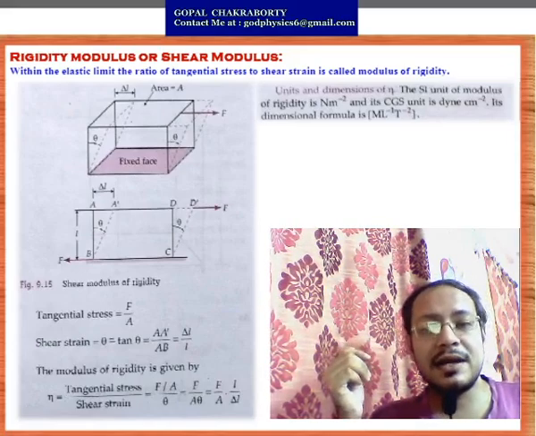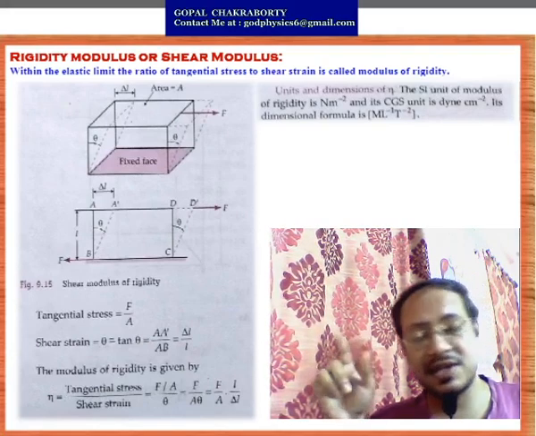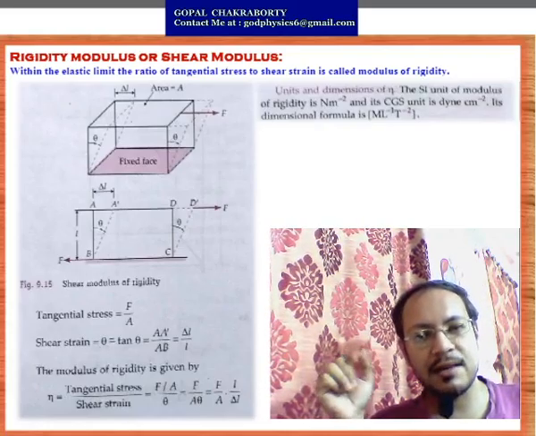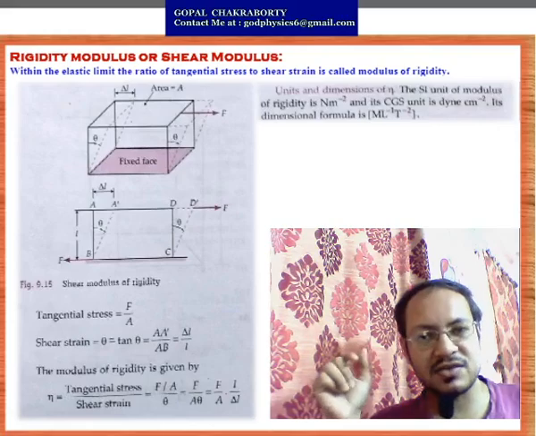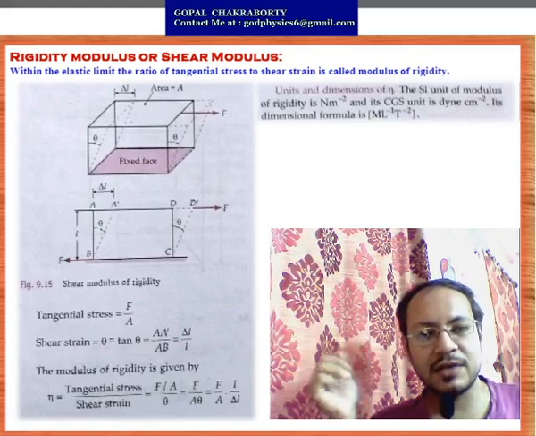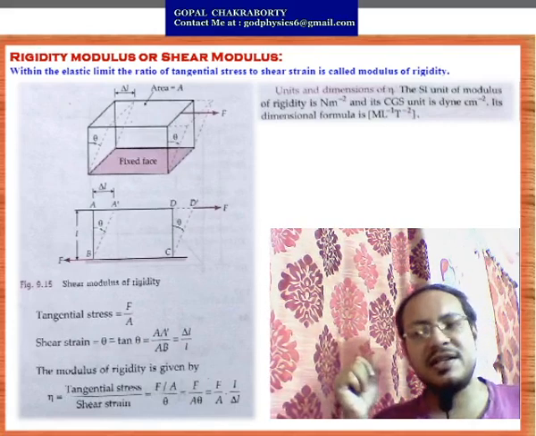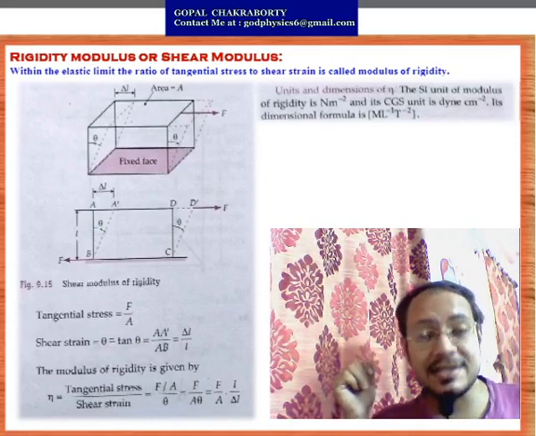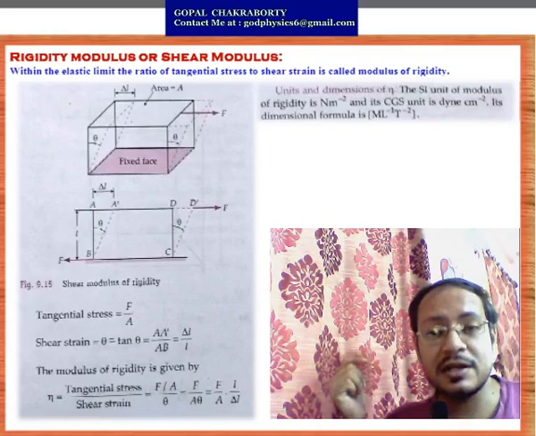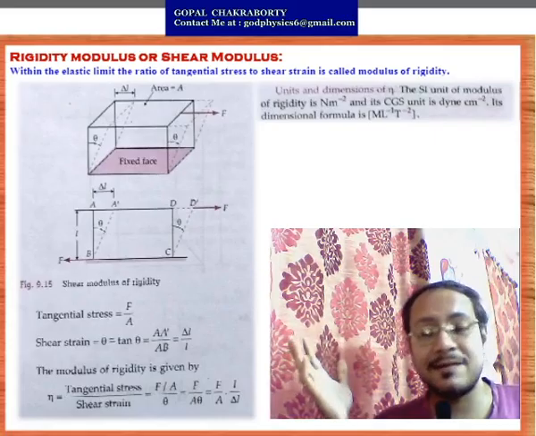So the rigidity modulus you can express in terms of eta. Eta equals tangential stress, that is force per unit area, divided by shear strain, that is theta. So F by A whole divided by del L by L. That is the expression of rigidity modulus. As the rigidity modulus is also an elasticity modulus, it depends on the properties of the material only, not on other physical properties.